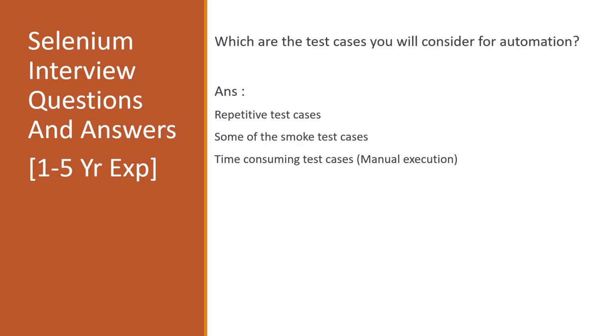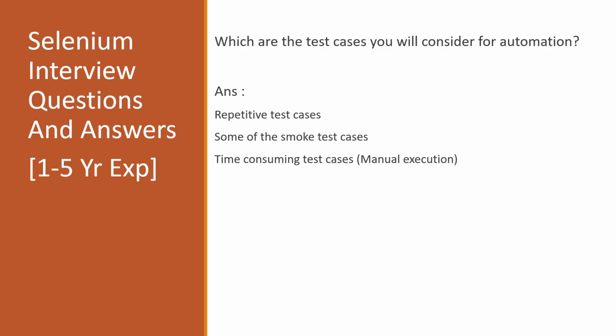Some of the flows you are doing every day, log in, log out, some of the search functionality, some of the report functionality you are doing. I'm just giving an example here. So those are the workflows which you are doing every day. Those workflows you can easily automate, right? So that you can reduce the manual execution time. So those are the test cases also you can consider under automation.